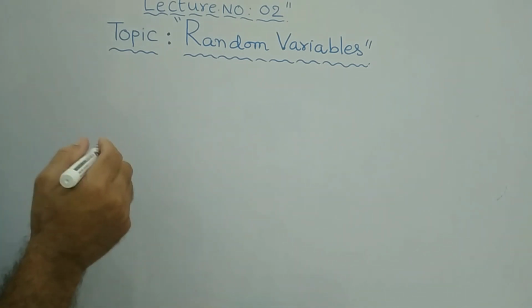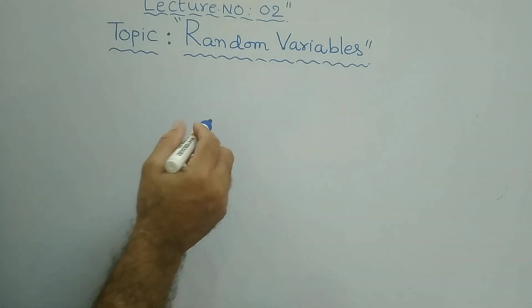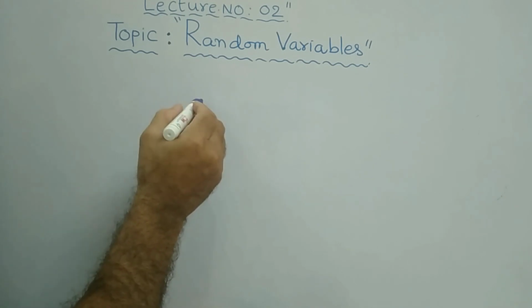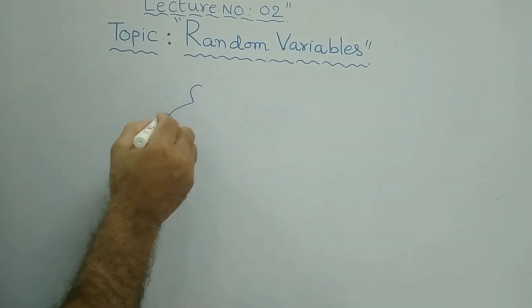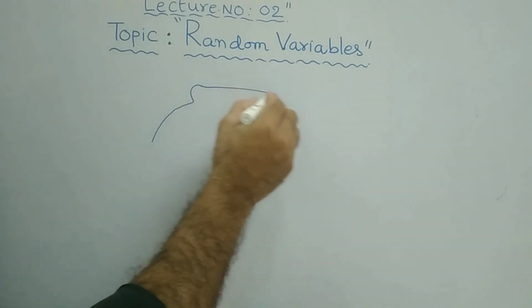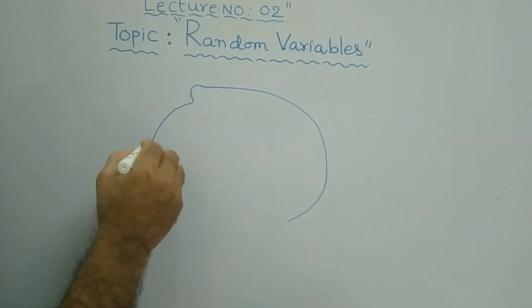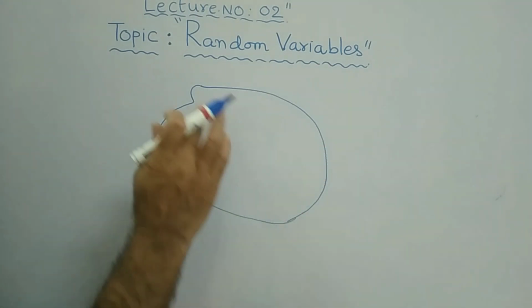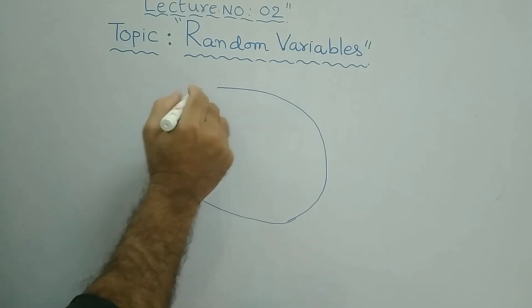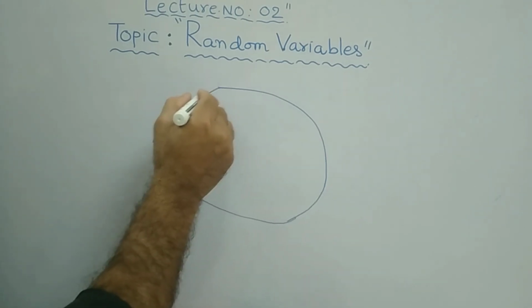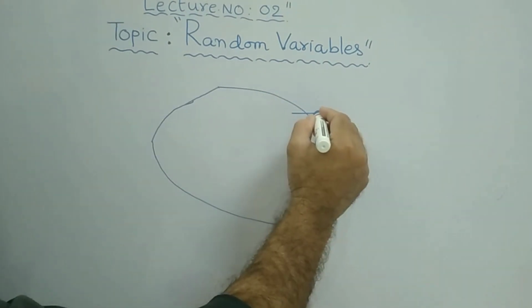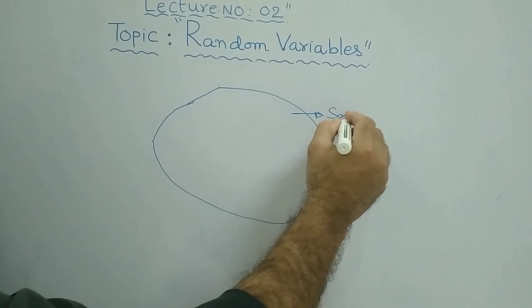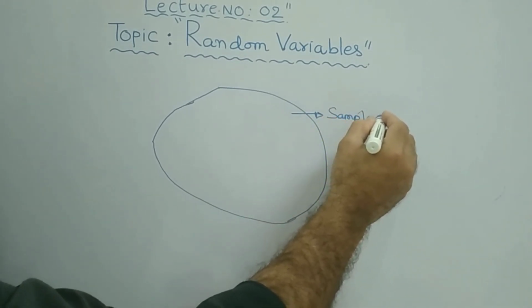I will explain it one more time for your better understanding. Let us recall that in the last presentation we saw a sample space. Let us say you have some samples in a sample space.